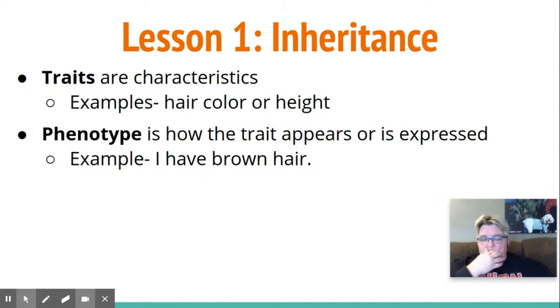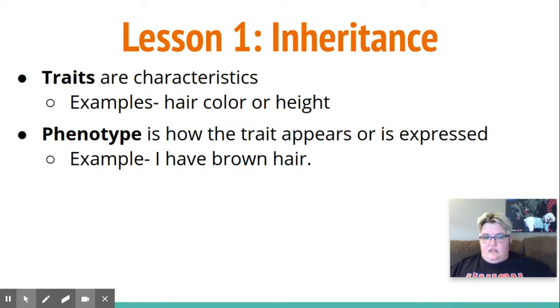The way that we look at those traits or characteristics in science, it's called the phenotype. Okay, pheno-ph. And phenotype is how the trait appears or is expressed. The way that I remember that is pheno is physical. So both of those start with ph. It is a physical trait.